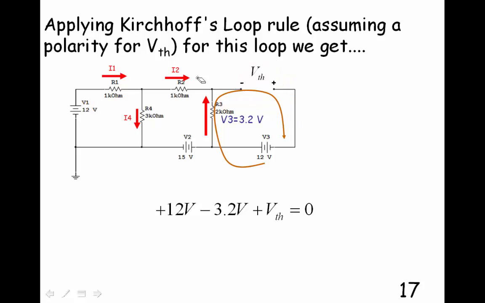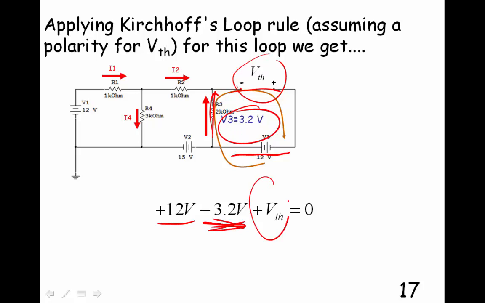So writing Kirchhoff's loop for this particular loop, I go up 12, so that's positive 12. Whenever I'm going in the same direction as a current through a resistor, I drop voltage. So there's the voltage that I dropped. I already calculated what that was, so it's minus 3.2 volts as I go through that resistor. And now I'm going up Thevenin's voltage because I'm going from negative to positive, so I'm going to enter that as a positive voltage here, and then I end up where I started, which is 0.